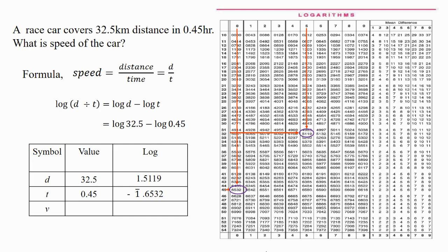In the given log value bar 1.6532, only the characteristic is negative. The mantissa part 0.6532 is not negative. So you have to do the regular subtraction. Only thing is that wherever you have a bar 1 and before that there is a subtraction, that subtraction and the minus 1 or the negative will become plus.